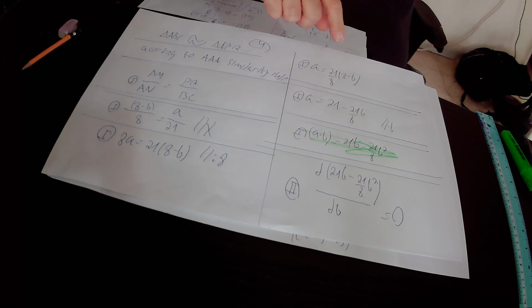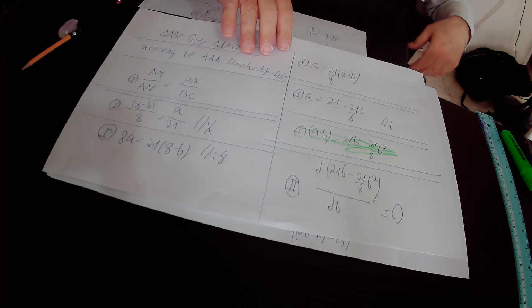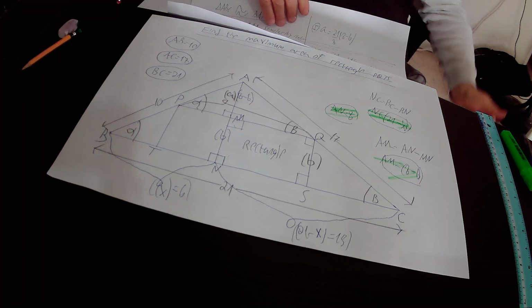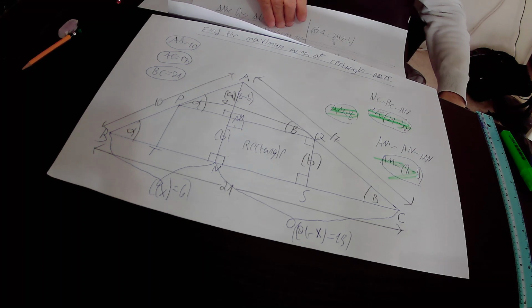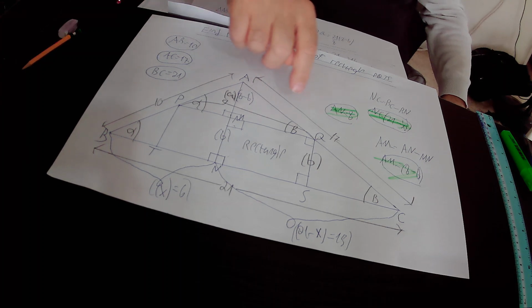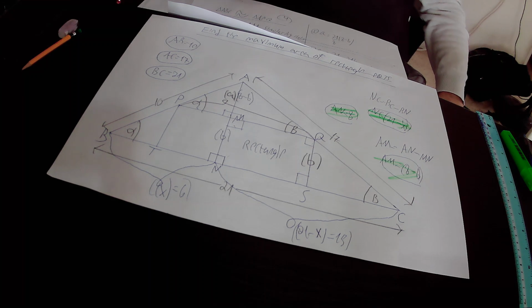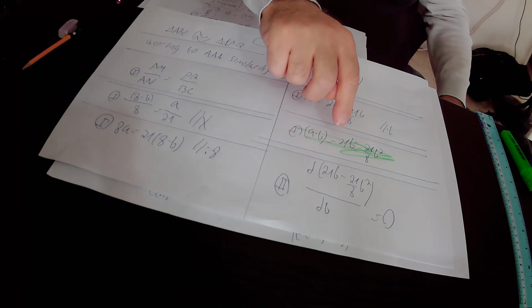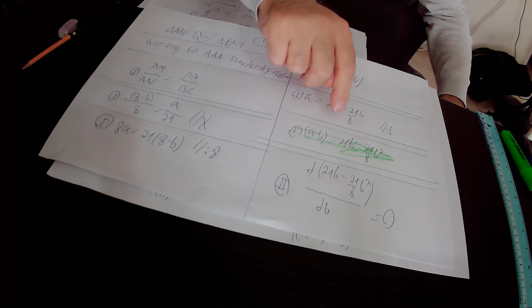After we find the extreme points, we check whether each extreme point is a maximum or a minimum. We'll do it by drawing the area function of this rectangle PQST, and from the graph you can easily see if the extreme point that we found is a maximum area or a minimum area.